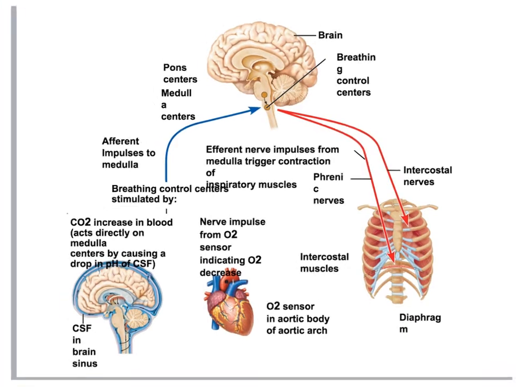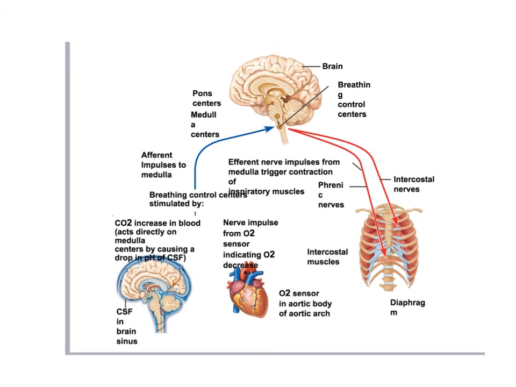So here are the centers. When I transfer this slide, it looks complete in your slides that are posted on Blackboard, but here it looks a little bit disjointed. But you see here the phrenic and intercostal nerves, those are motor neurons. They innervate the skeletal muscles, and you have these sensory neurons, your afferent impulses that go to the medulla, and eventually some go to the pons, and then they transfer over.